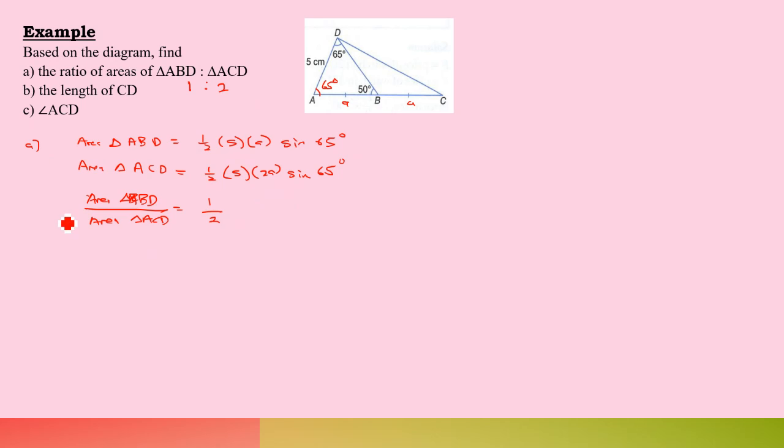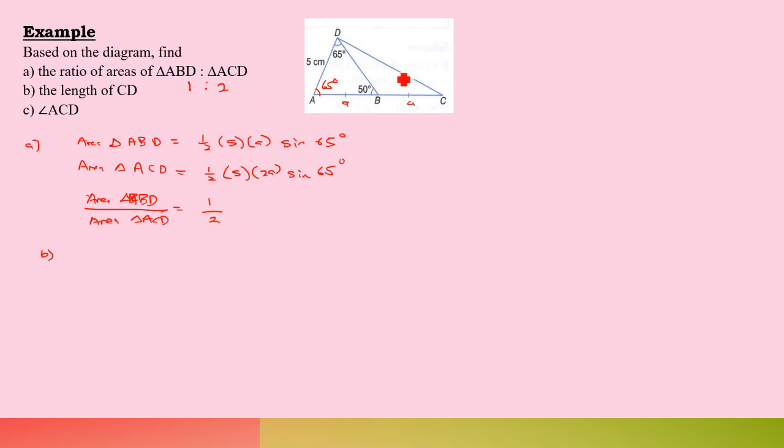Now part B. They ask you to find the length CD. How to find the length CD? We have this angle is 65. If you are looking at the big triangle here, this angle is 65, this is 5. But now we need the value A. Without A, we cannot find this length and we cannot find CD.